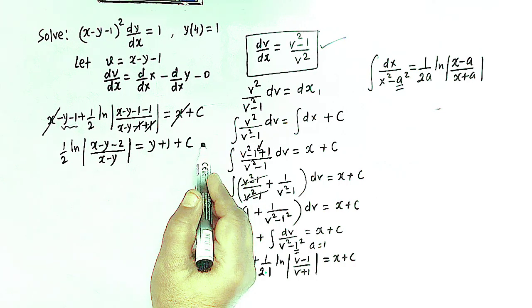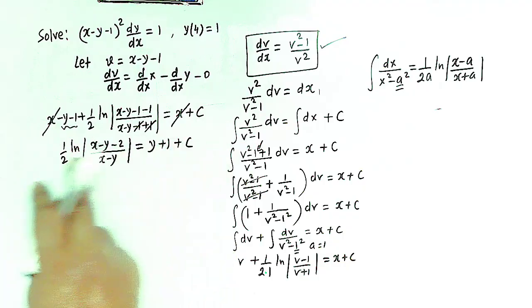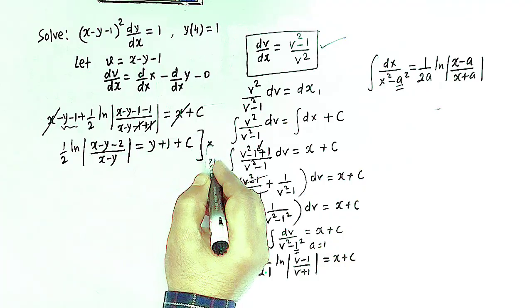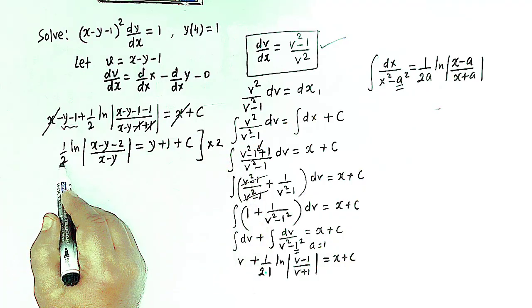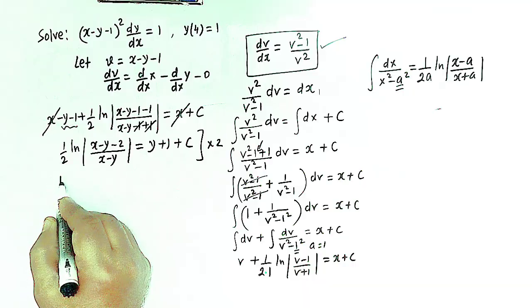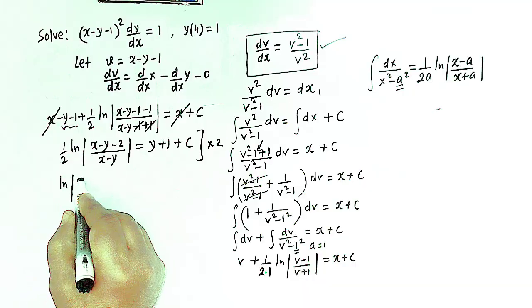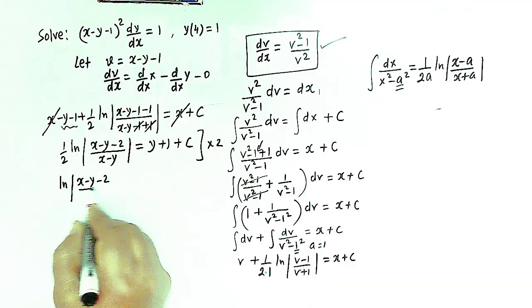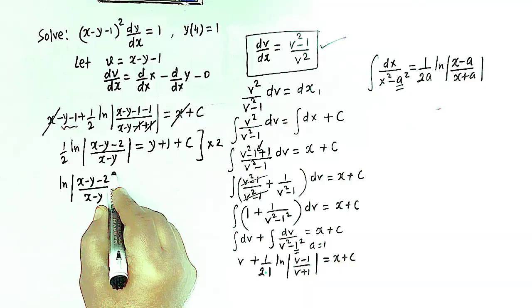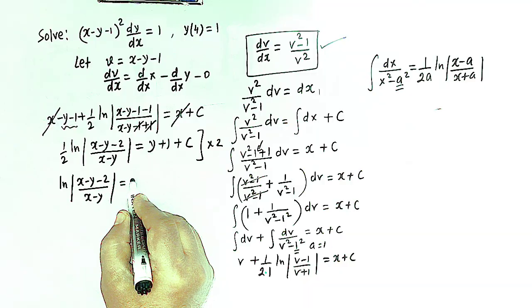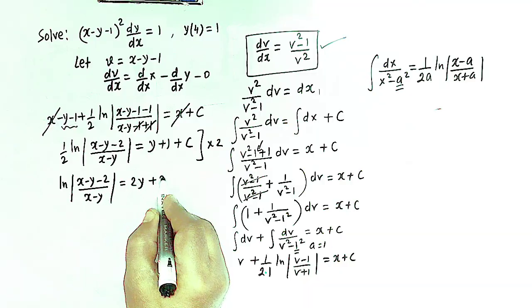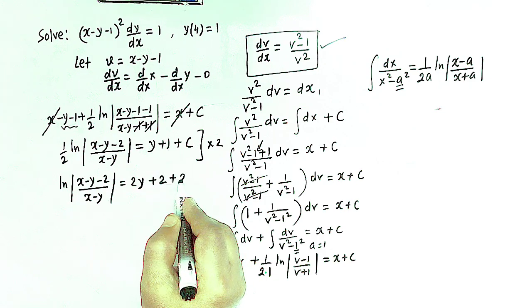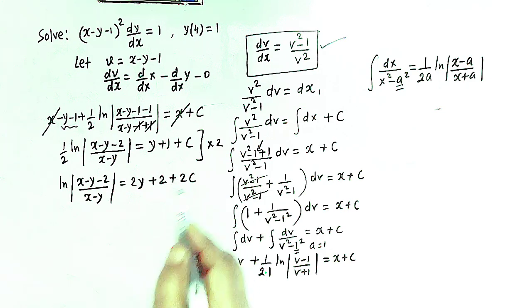So now let us multiply both sides by 2, so that we can get rid of this 2. So here we have log of x minus y minus 2 over x minus y, and here we have 2y plus 2 plus 2c, and here c is the constant of integration.